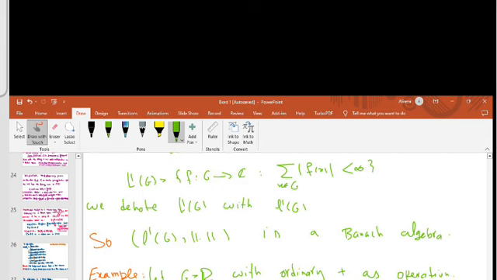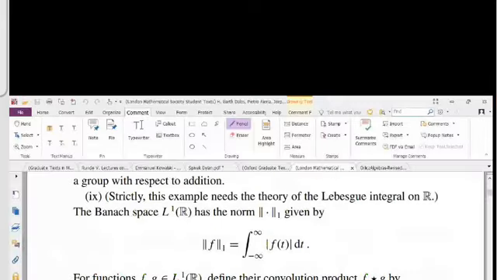And this is equal to the integral of, if we consider for example minus y plus x equal to s, then y equal to x minus s, so that this is equal to f of x minus s, then g of s, d mu of s. So you can see this definition for convolution product.